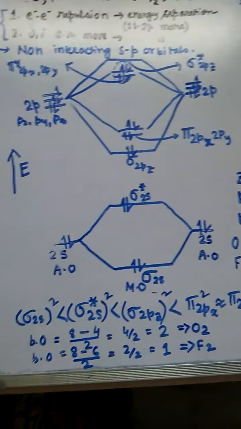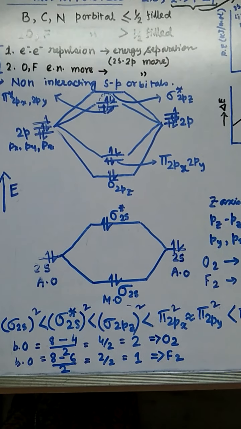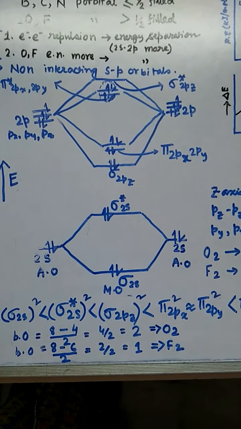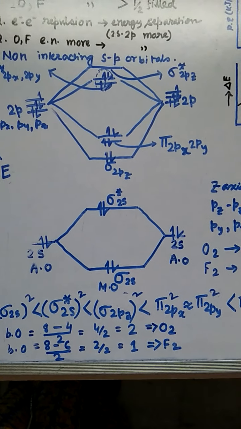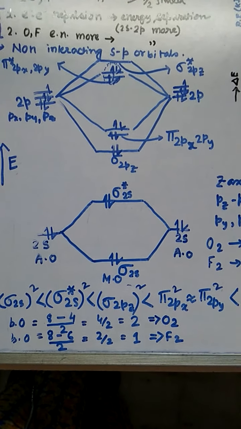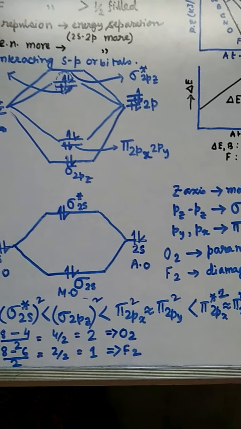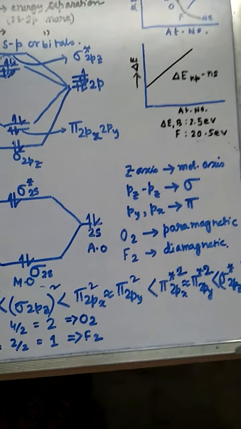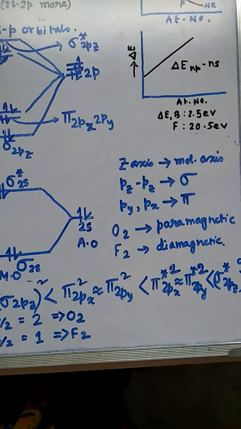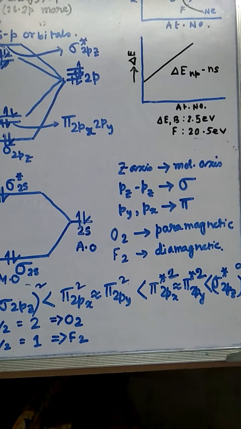Now this way you will be able to tell about the molecular electronic configuration. You will be able to tell about the bond order of O2 and F2, and you will also be able to tell about the paramagnetic or diamagnetic nature of O2 and F2.